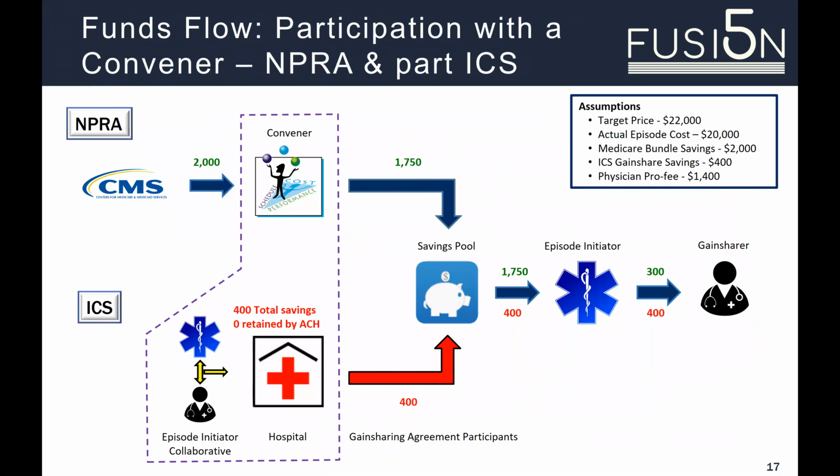Your agreements with the hospital can vary, but generally the first amount of 50% of the professional fee will flow to the physician. So let's just say that it was only $400. Well, that $400 can feed your savings pool together with the same NIPRA, and you then can split that savings pool. Let's say of the $1,750 that you have from NIPRA, you give the $300 to the physician, and then you give the full $400 to the physician.